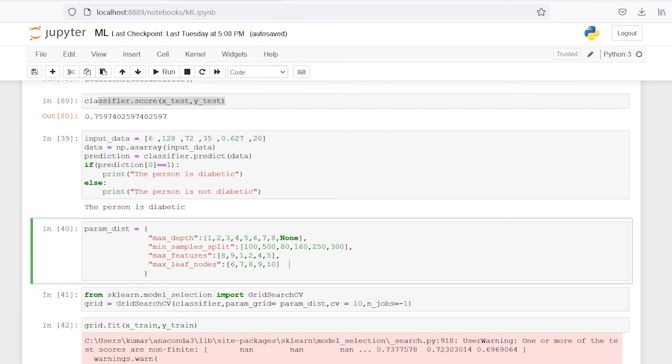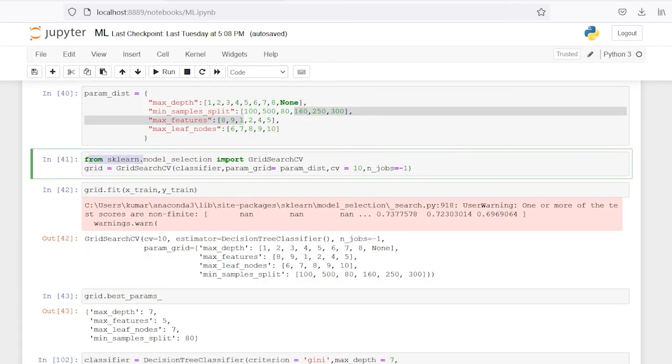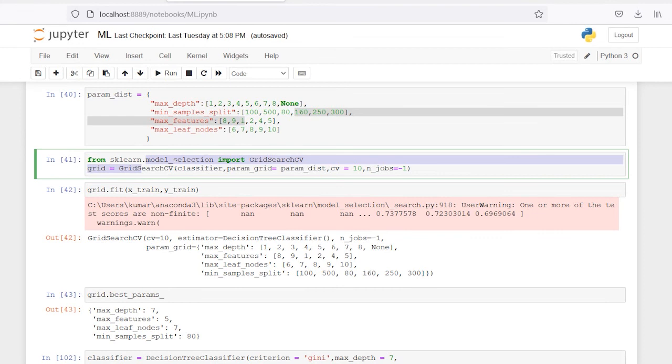So I will be using GridSearchCV to find the optimal value of each of these parameters. The grid search makes a grid of these values and determines the optimum value for each. As you can see, I have imported the model selection module from scikit-learn, and from it GridSearchCV, and applied it to my data.